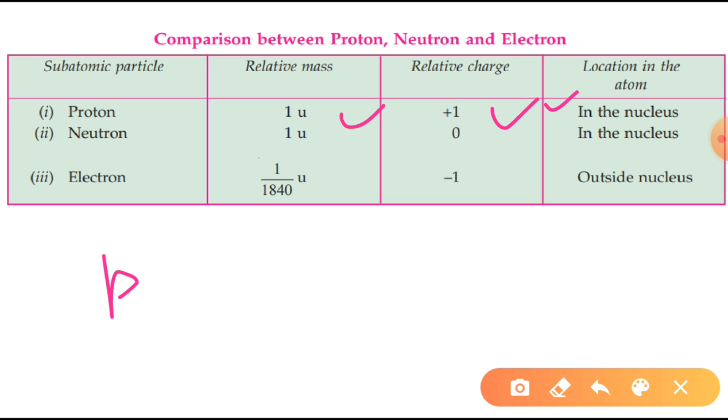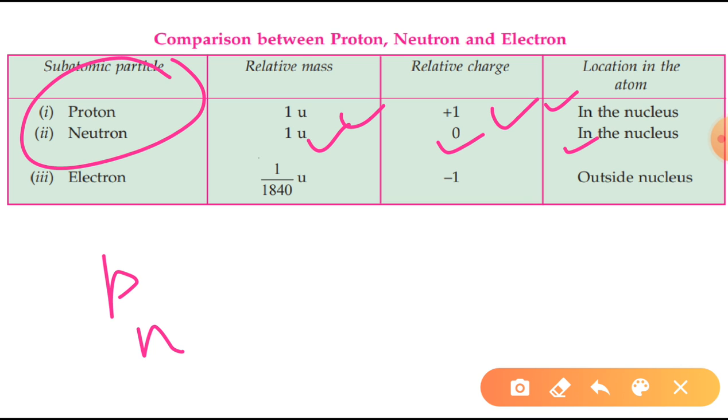Second is neutron, discovered by James Chadwick. Symbol is small n, relative mass 1 u, and relative charge is 0. It is also located inside the nucleus. Proton and neutron together are known as nucleons, just because they are inside the nucleus.